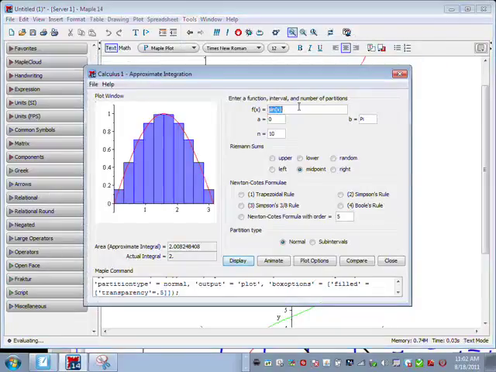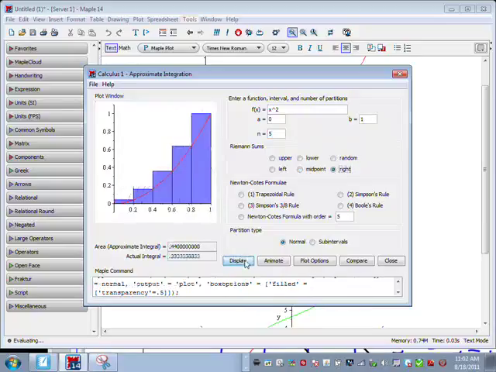All right, so there's one for this. We have x squared on the interval 0 to 1. And how many rectangles do we have? 5. And we're using the right endpoint method. Let's see what the number is. Let's display it. There it is, 0.44. The answer was 0.333333, and he's right.